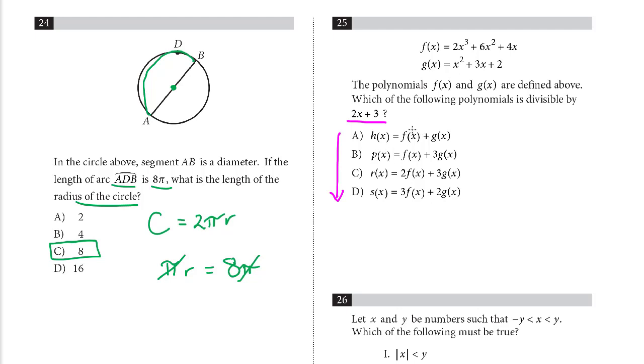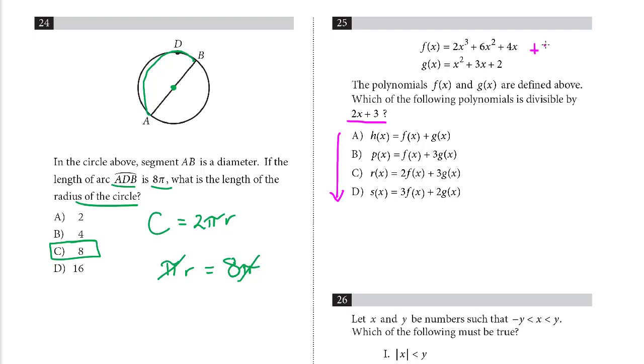Another approach we could take is we could literally add and multiply the polynomials to get the fully multiplied out version of h of x, p of x, r of x, and s of x. So that'd be something like f of x plus g of x.